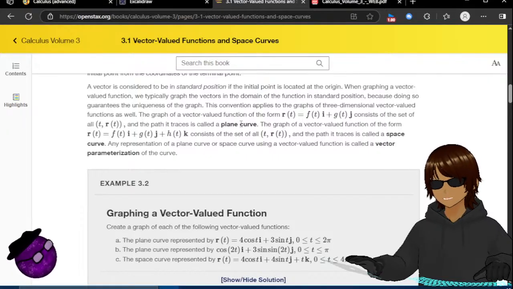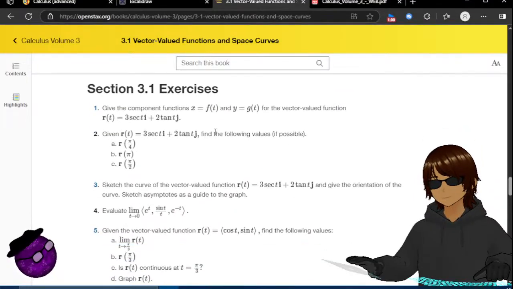The path it traces is called a plane curve. If it's 3 dimensional, then we call it a space curve. Any representation of a plane curve or space curve using a vector valued function is called a vector parameterization of the curve.